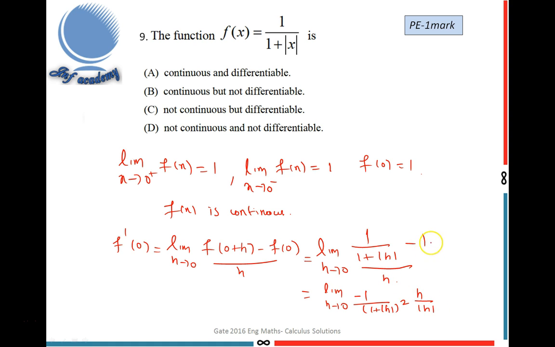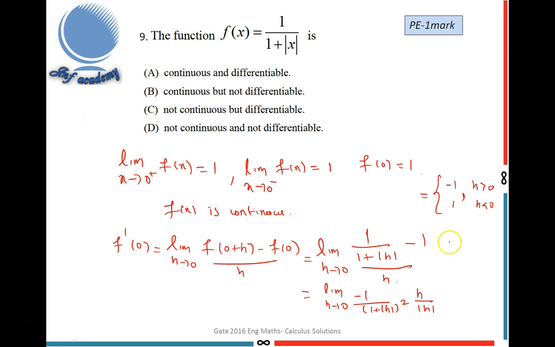This value is 1 and this value is 0. So for h less than 0 I get the negative values, and for h greater than 0 the positive values. So the limit as h tends to 0 is minus 1 for h greater than 0 and plus 1 for h less than 0.